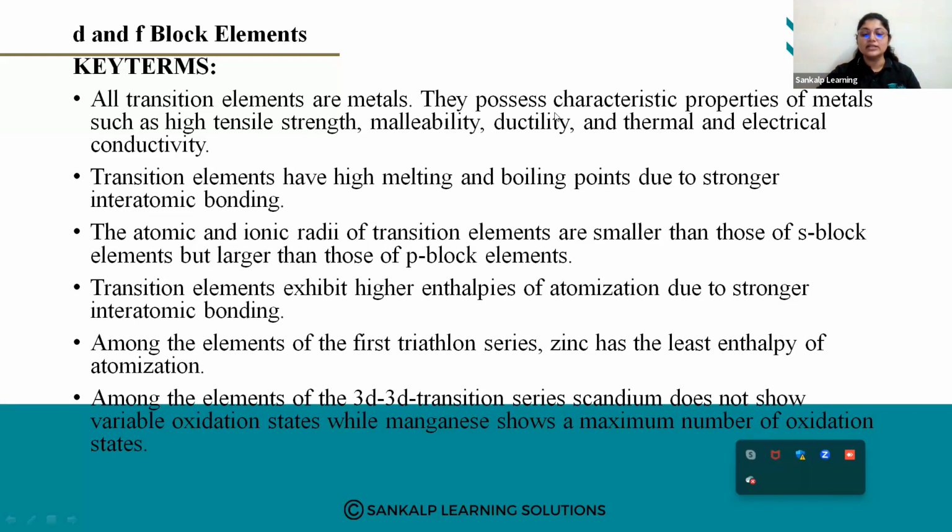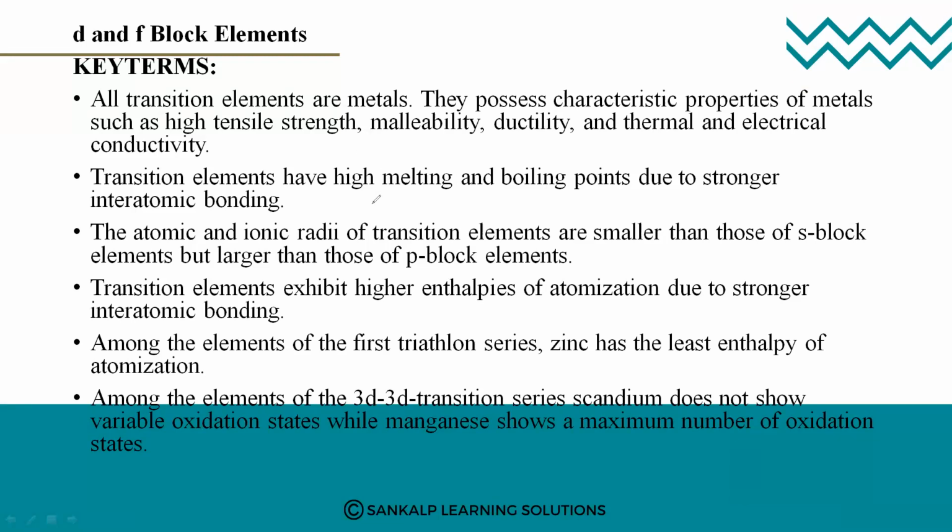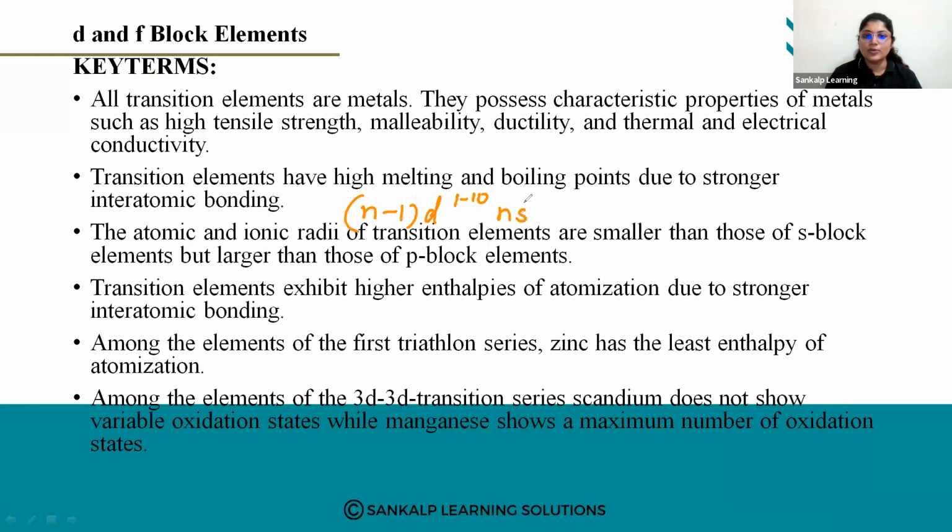In these elements, the D orbitals go to the penultimate shells and gradually get filled with electrons. Hence, what is the general electronic configuration of D block elements? Can anyone tell me? It is (n-1)d 1 to 10, ns 1 to 2.